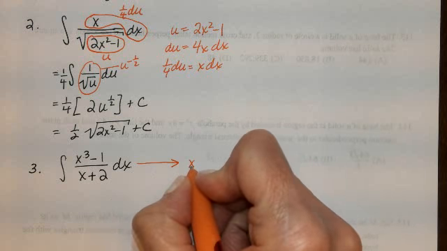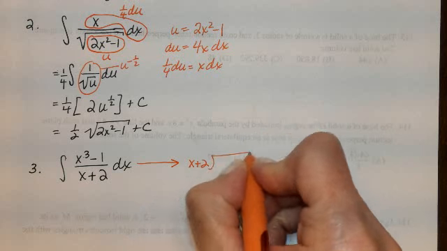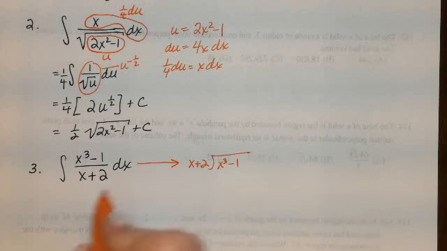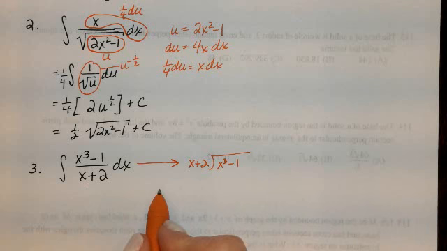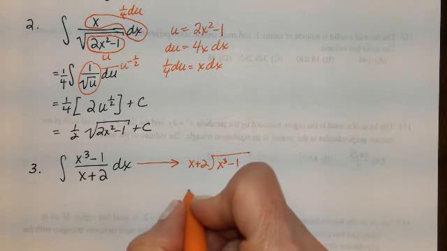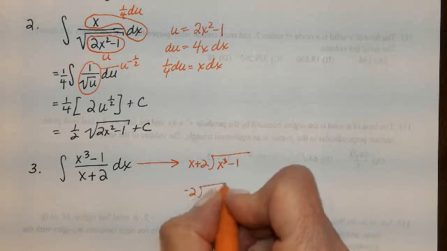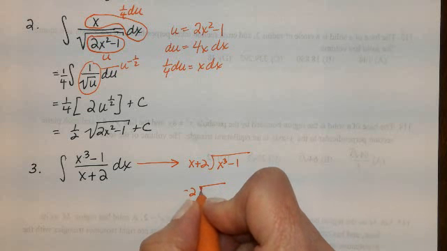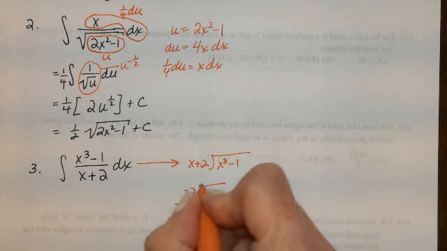We're going to divide x plus 2 into the numerator. And we can use long division here, or in this case, we could use synthetic division. Synthetic division, if I can use it, I will always use it. So with synthetic division, we put negative 2 into our box.